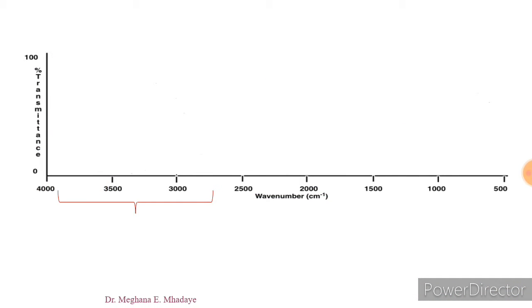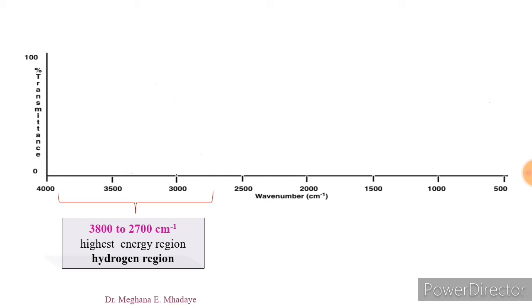For a quick overall assessment of the spectrum for the detection of functional groups, consider the characteristic regions for different functional groups. 3800 to 2700 cm inverse is the highest energy region, that is hydrogen region.